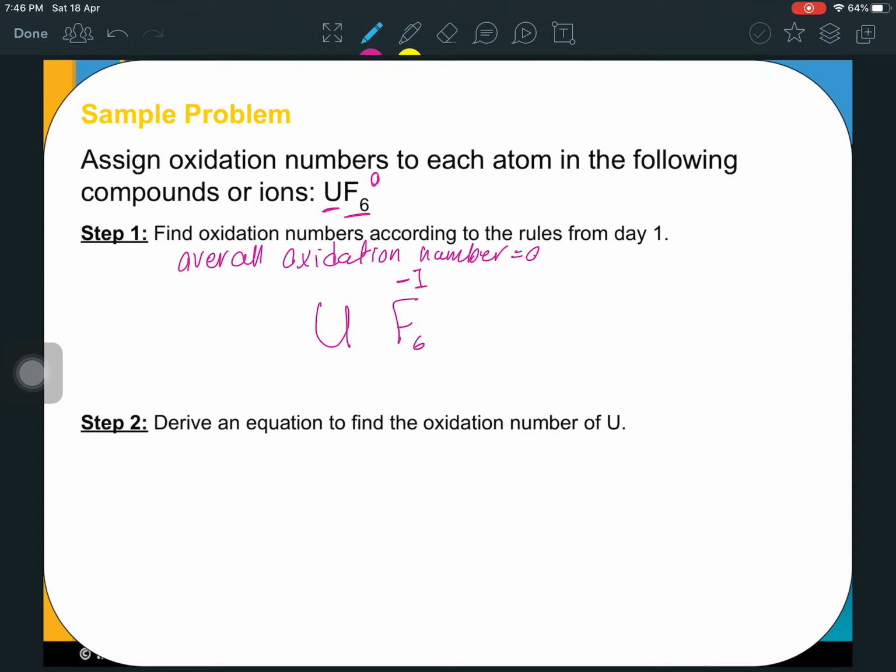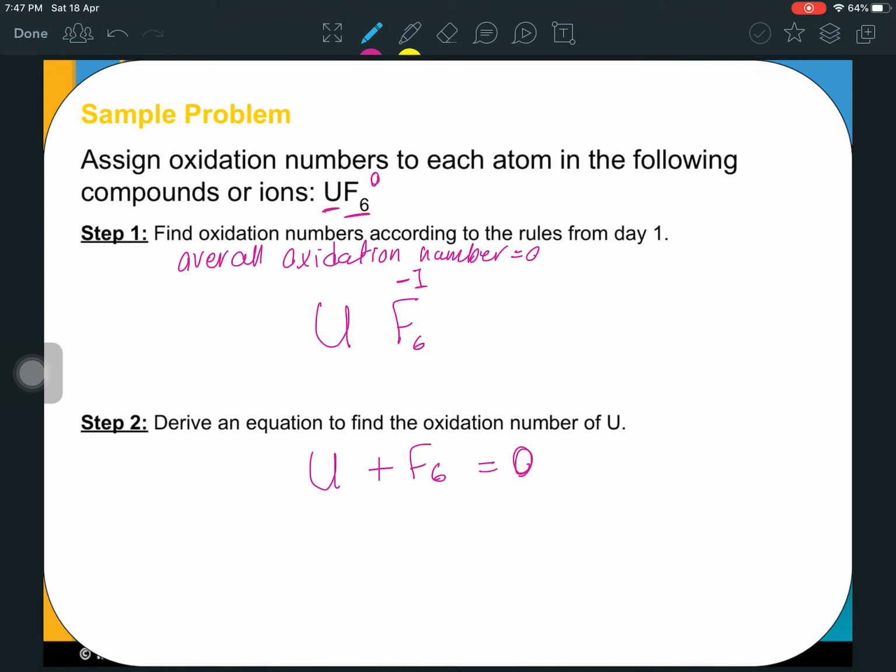Now we can actually calculate the oxidation number of uranium, because we would not know its oxidation number automatically. It's not one of those given rules that we should just know. It's something that can change. Remember, different compounds can have different oxidation numbers. So let's go like this. Uranium plus F6 equals 0.